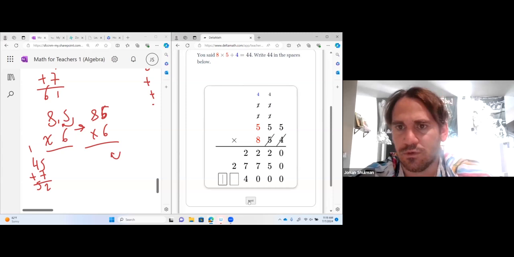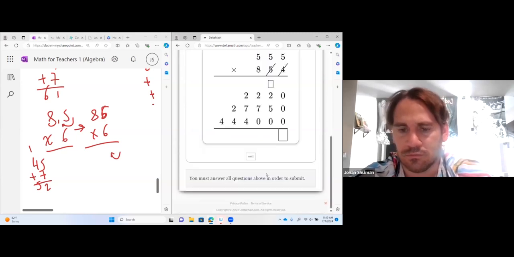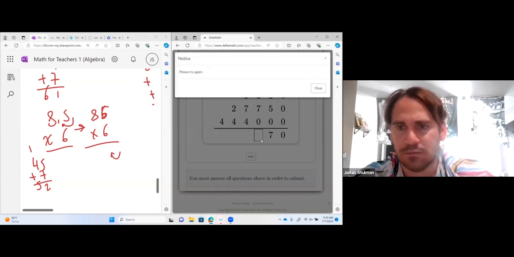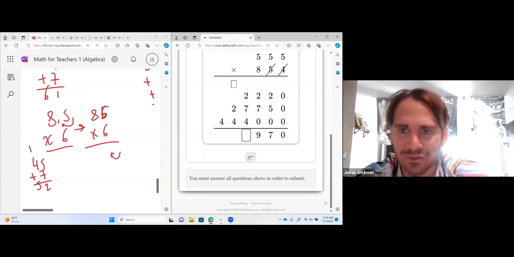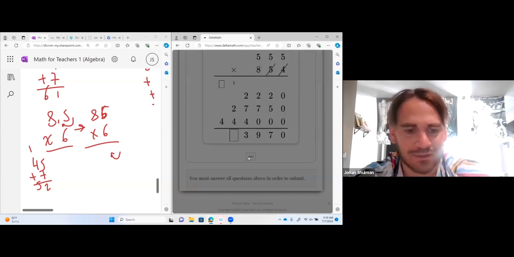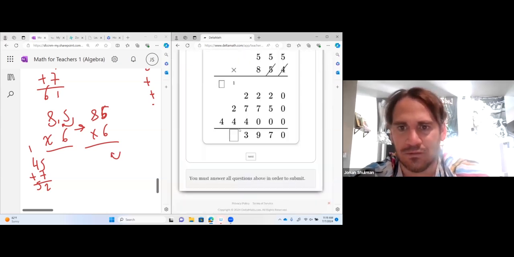Plus 4 is 44. So we have 0. 7. 9. 11 plus 2 is 13. That's 7. I know. 7.